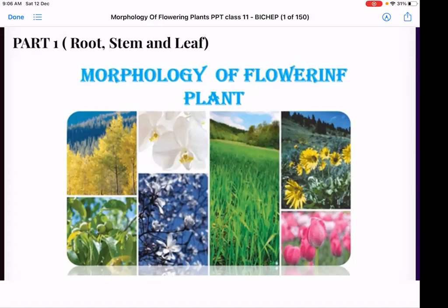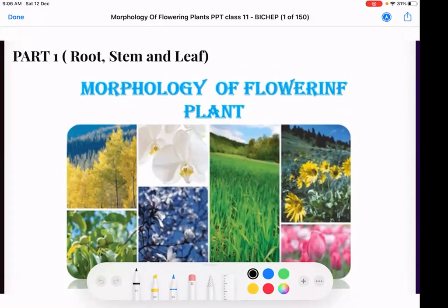Now, if I'm talking about plants or the parts of the plants, they are basically divided into two categories. So plants are having two types of parts.